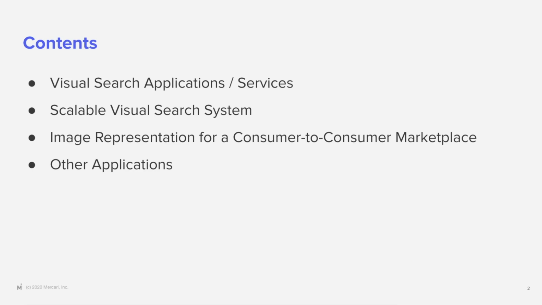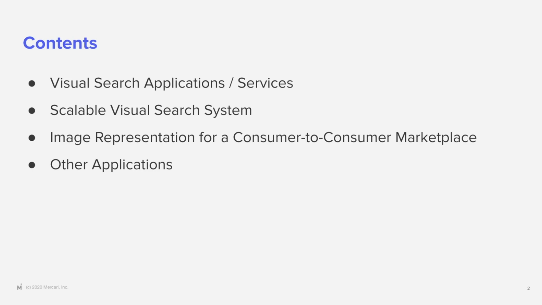I am talking about visual search applications and services first, and then I will show how to build a scalable visual search system. During our offline evaluations of the visual search feature, we encountered one big issue related to the image representation.